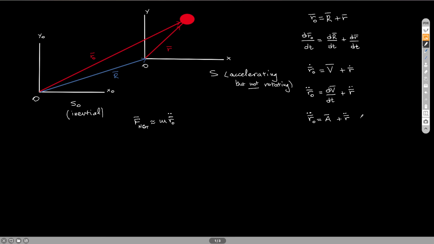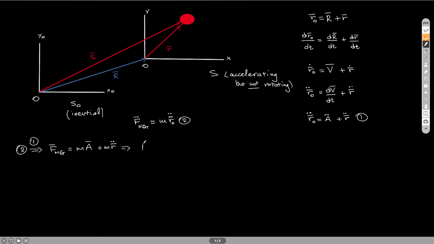Now let's call this equation 1. Let's call this equation 2. I can start from equation 2 and use equation 1, and this will give me the mass of the object times the acceleration of the accelerating frame of reference plus the mass of the object times the acceleration of the object with respect to the accelerating frame of reference.